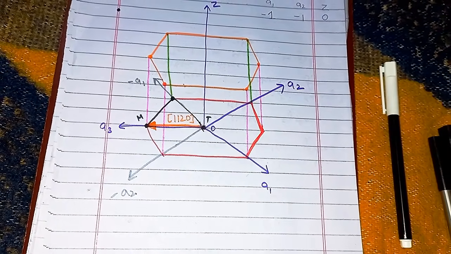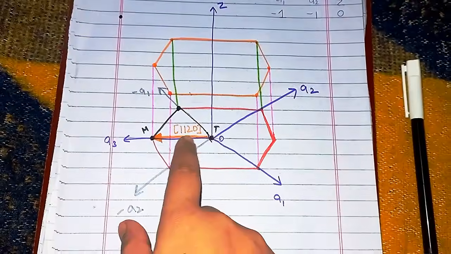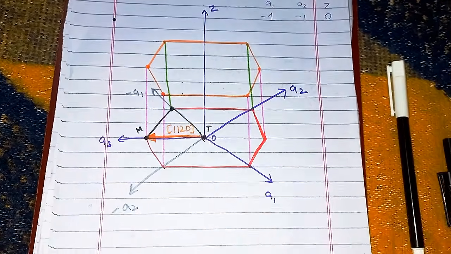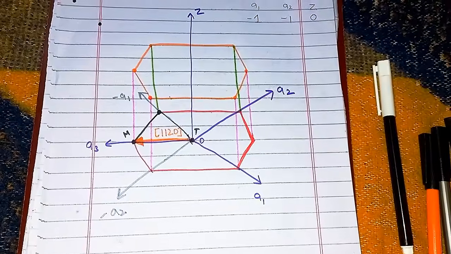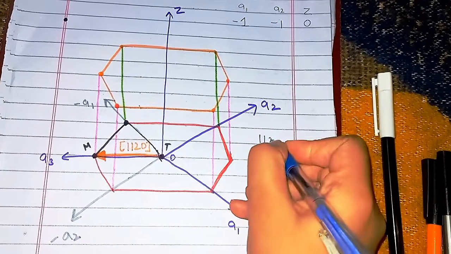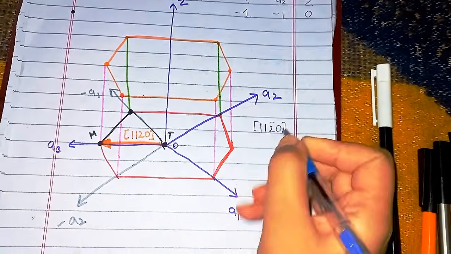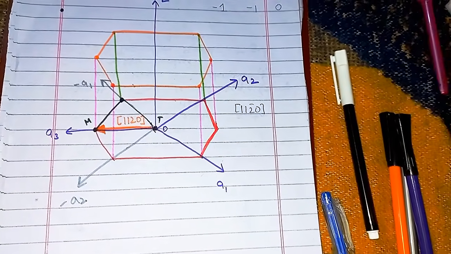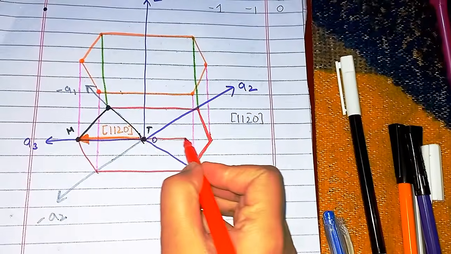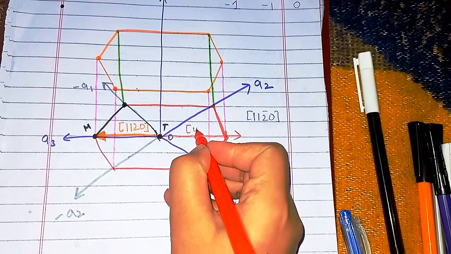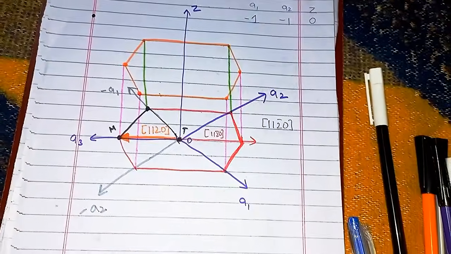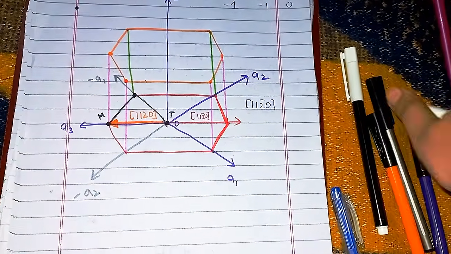That was really simple, and you must be surprised that the 1120 direction in HCP is actually parallel to the A3 axis, and you can even confirm that the 112 bar 0 direction is actually the negative A3 direction. Okay, that's the interesting fact in HCP directions.